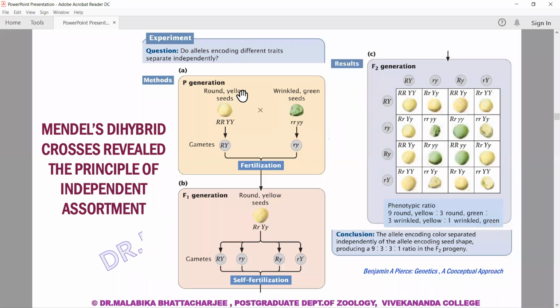The first law was about how the two alleles segregate. The second law was based on the fact that when we take more than one character into consideration, in this case two, whether the two characters are transmitted independently of each other or not. So that was the question.